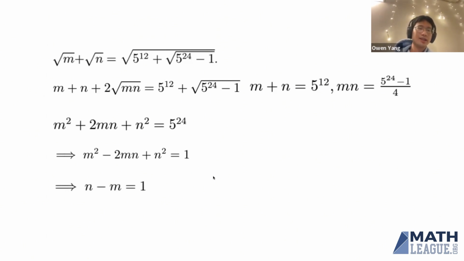Well, since n is defined to be bigger than m, we know that n minus m is positive, so we're going to take n minus m equals 1. And finally, we want m, so just solve the equation, and we get that m is 5 to the 12th minus 1 over 2.